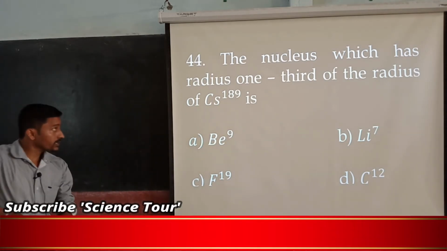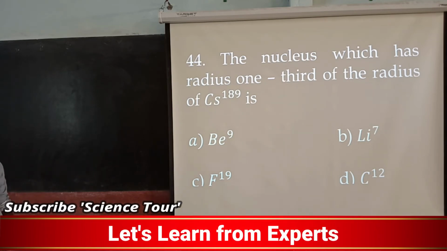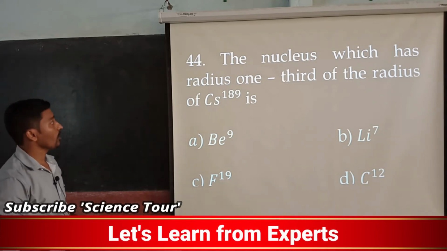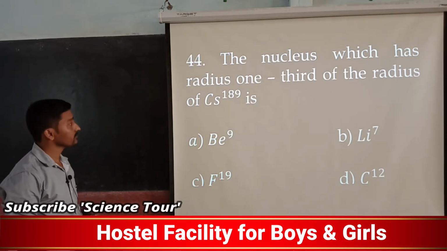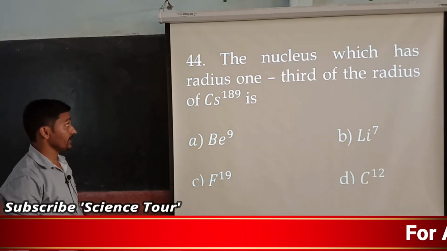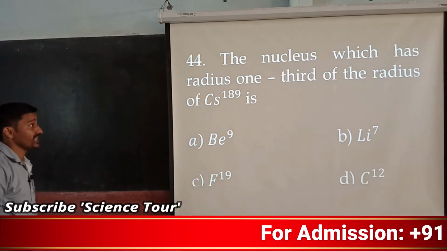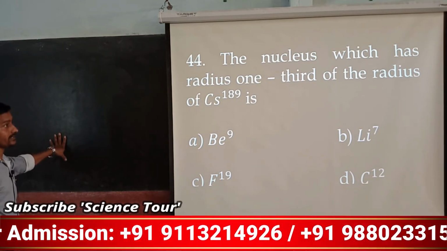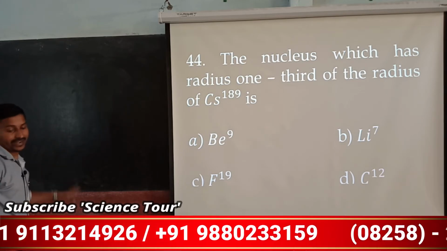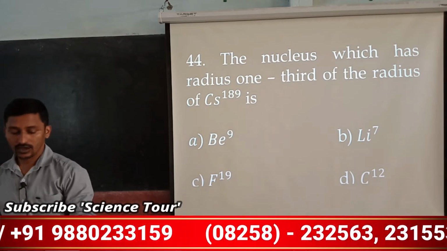Find the nucleus which has a radius 1/3 of the radius of cesium 189.